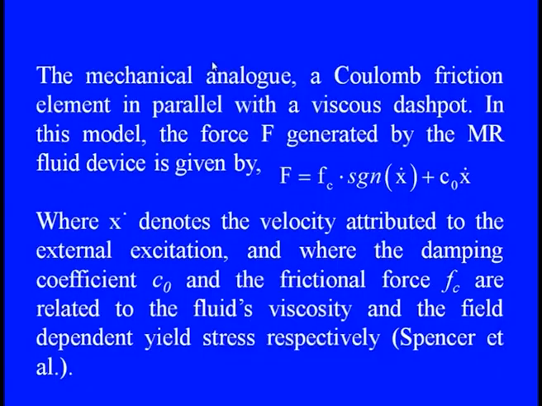So, we can even put a mechanical analogy of such behavior with the Coulomb friction element, which is parallel with the viscous dashpot. In this model, the force F generated by this magneto-rheological fluid device can be obtained as Fc sine of x dot plus C0 x dot, where x dot is the velocity associated with the damping available, attributed to the external excitations.